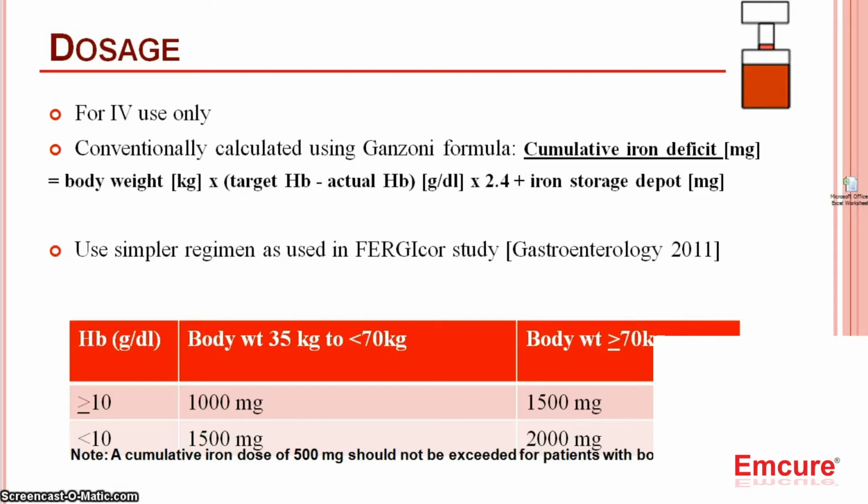If hemoglobin levels are less than 10, then 1500 milligrams for patients weighing 35 to 70 and 2000 milligrams for patients weighing more than 70 kilograms. For all patients who have body weight less than 35, the ideal cumulative iron dose should be not more than 500 milligrams.